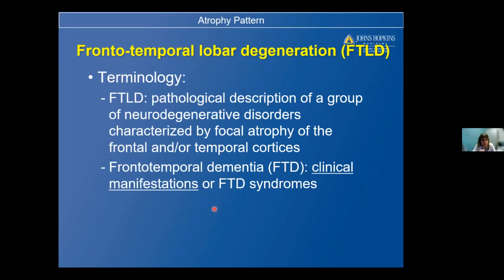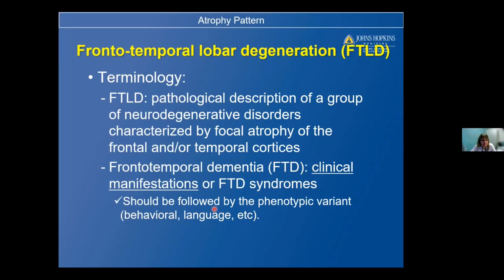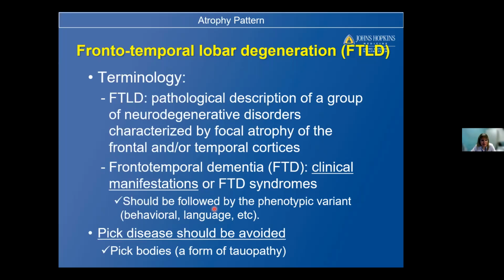The term FTD, or frontotemporal dementia, should be used to denote the clinical syndrome caused by FTLD, which stands for frontotemporal lobar degeneration, and should then be followed by the phenotypic variant, behavioral, language, etc., as we'll see in the following slides. Older terms, such as Pick disease, should probably be avoided, especially when discussing the clinical presentation.